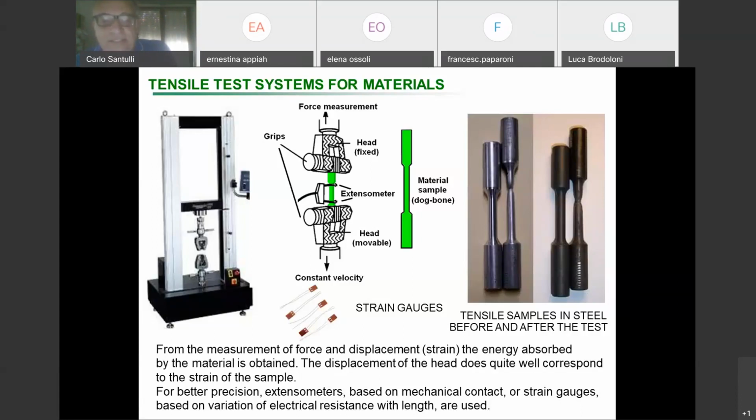So you have this wire which changes its resistance, and what you measure is basically the voltage, because you know the intensity of current, and you measure the voltage on your strain gauges. Whilst the extensometer is a mechanical measurement.